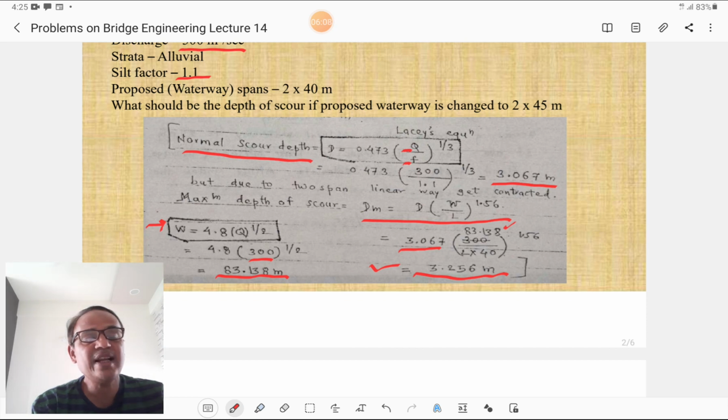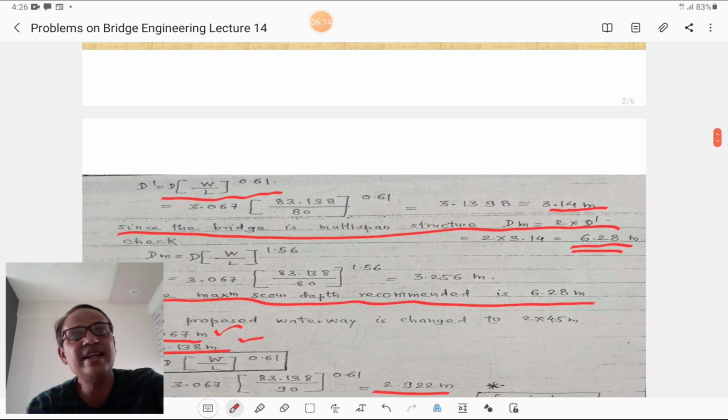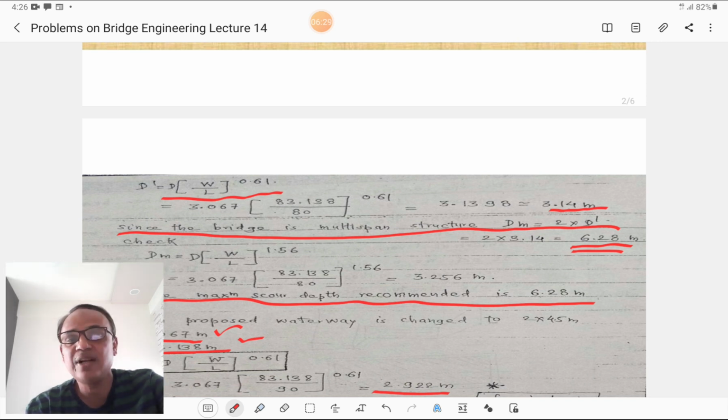Dm is D into (W by L) raised to 1.56, and another formula also, D dash is equal to, for contracted waterway, D into (W by L) raised to 0.61, and for multi-span bridges we multiply this value of D dash by 2 to get the maximum depth of scour, right?